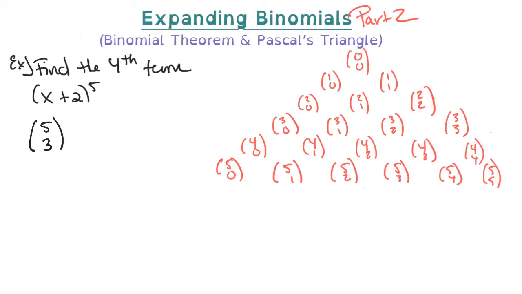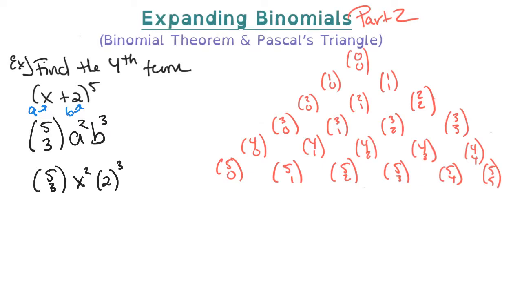And then the n is 5. I want to say the exponent on b needs to match the j, and then the exponents need to add up to 5, but I don't have an a and a b, so I'm going to say 5 choose 3, x squared and 2 to the third, because a in this problem is the x and b is the 2.